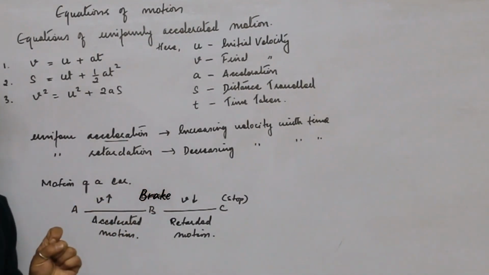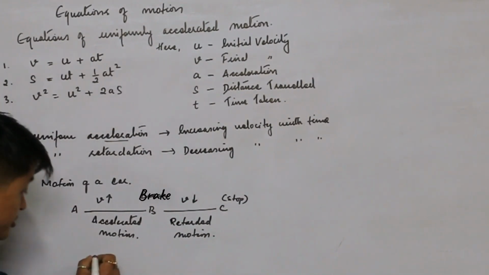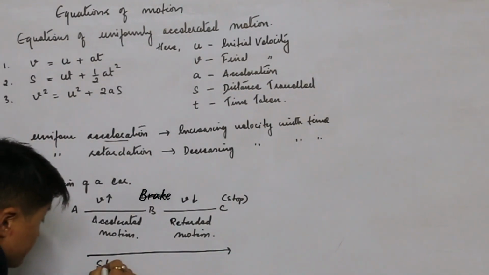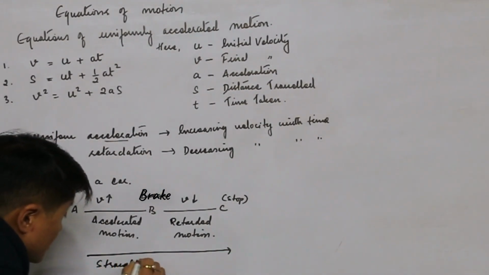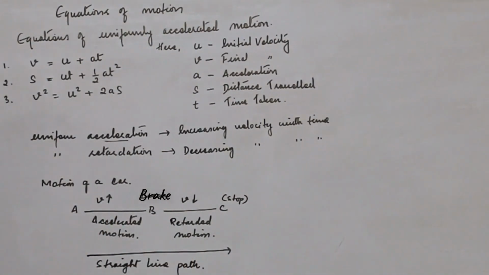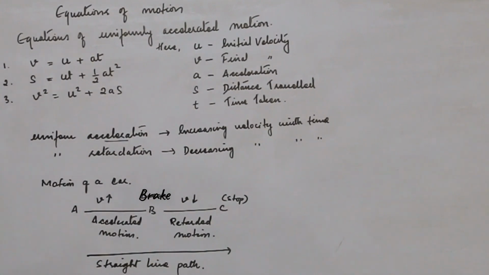Speed with direction. If we take a close observation, we can see that the car is moving in a straight line path. Okay, so this is a motion in one dimension. So when the body moves in a straight line path, the numerical value of speed and the velocity are always the same. Similarly, the numerical value of the distance and the displacement are the same.